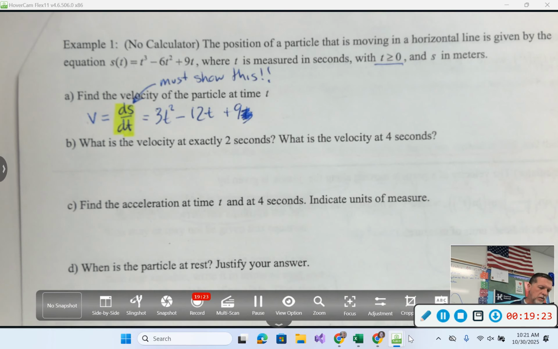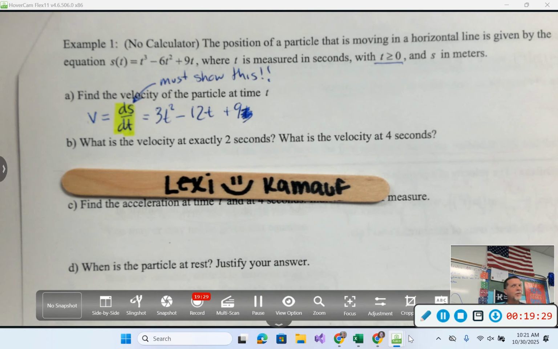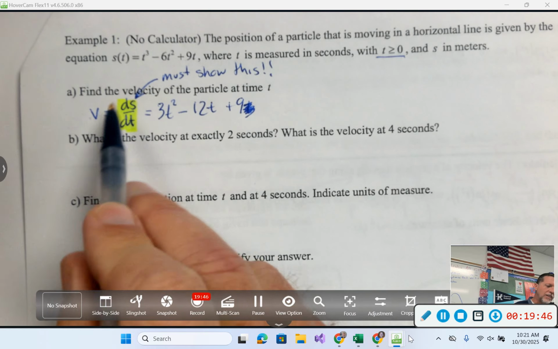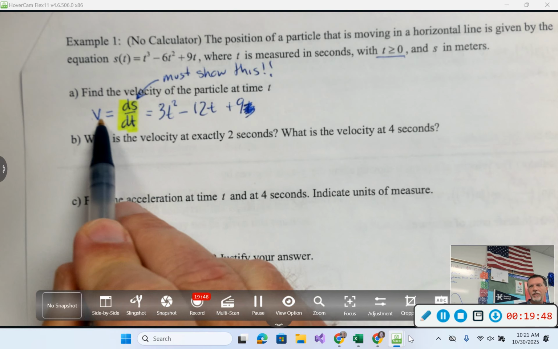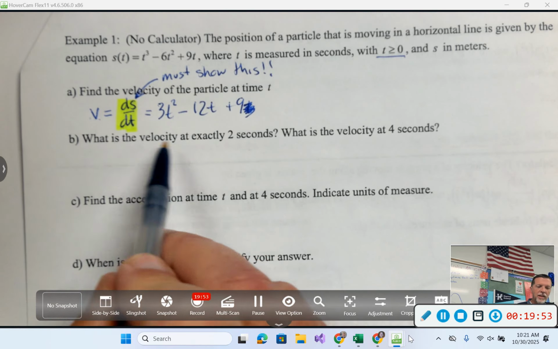Part B. What is the velocity at exactly 2 seconds? Lexi, what do you think we should do to figure out the velocity at 2 seconds? You're like 2/3 of the way there. Plug in 2 for t, where? In the derivative equation. Perfect. Plug in 2 for t in the velocity equation because we're looking for velocity. I hope it sounded obvious when Lexi said it, but sometimes people get confused.